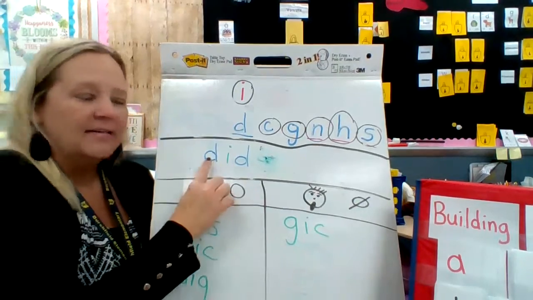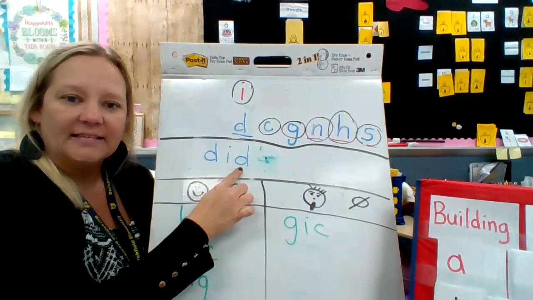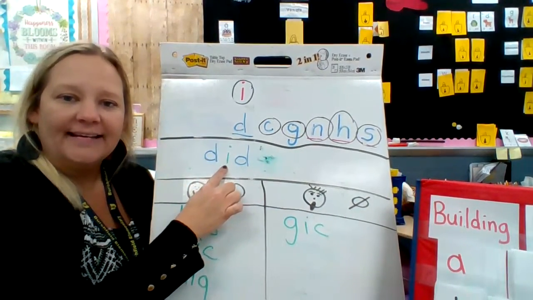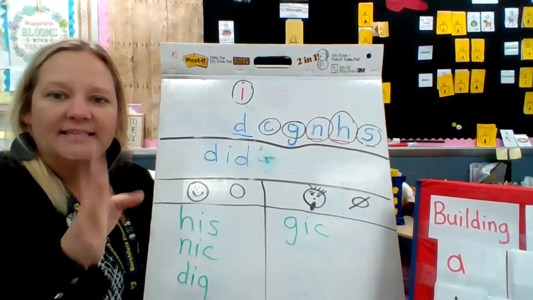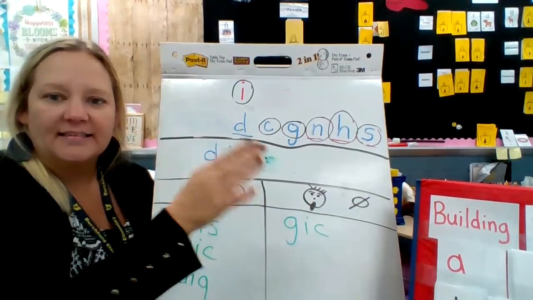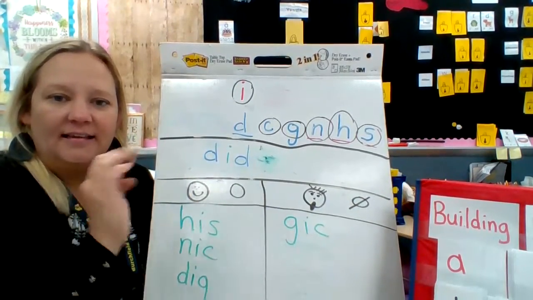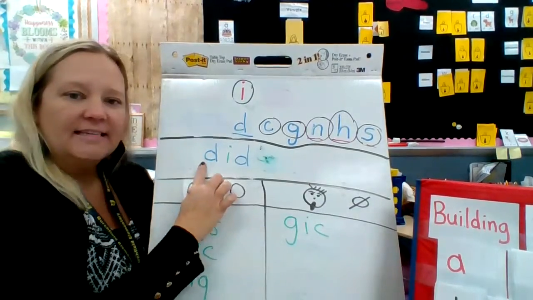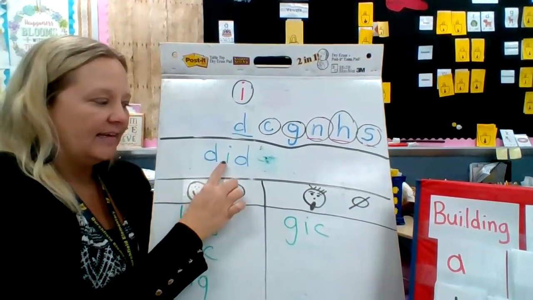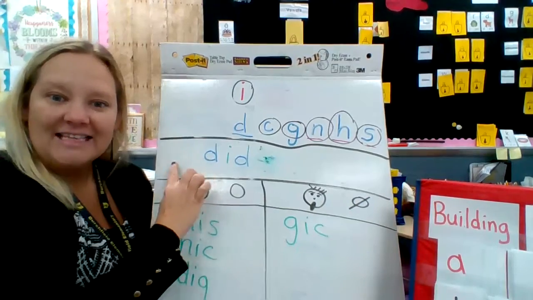Let's sound it out. D, id. Let's chop it. D, id. Say it a little faster and listen to yourself. D, id. Did. What's the word?